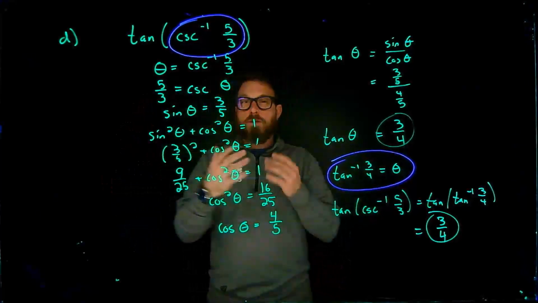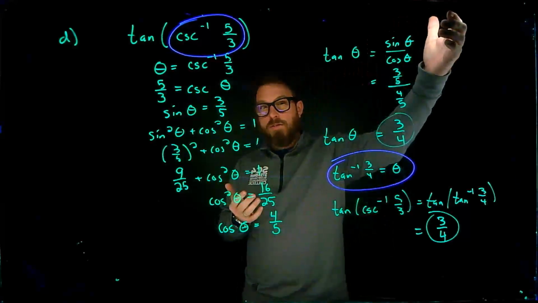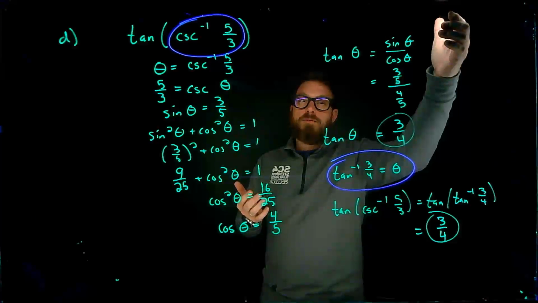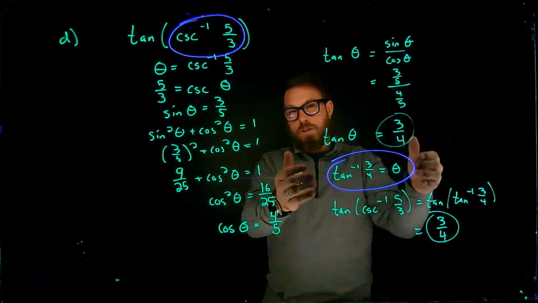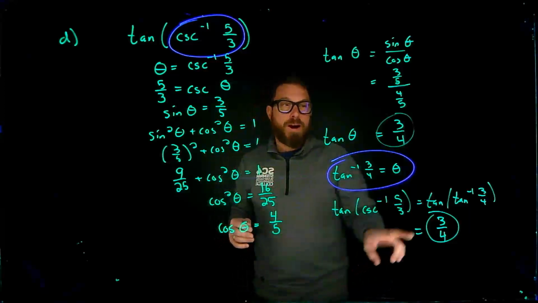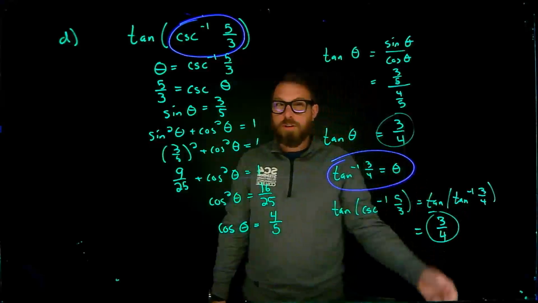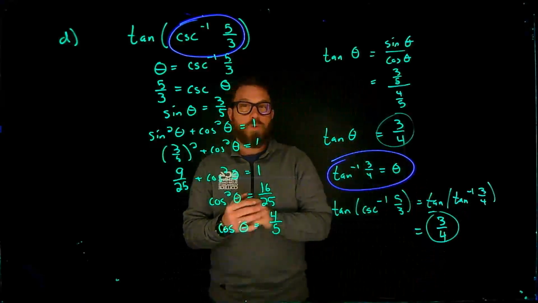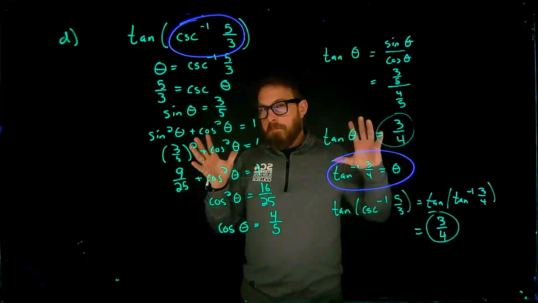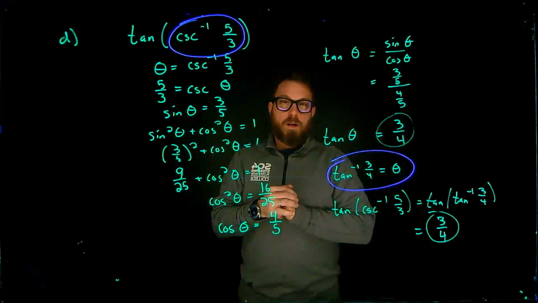From there, you have to know what the tangent is, and it's the sine over the cosine function. And then finally, now that you have the tangent function, you can turn it back into its inverse by, again, flipping input and output. And then finally, the composition of a function and its inverse gives that input as long as you're underneath the correct restriction, in which you are. So this really encompasses all the things that you would see in a trig course all in one problem.